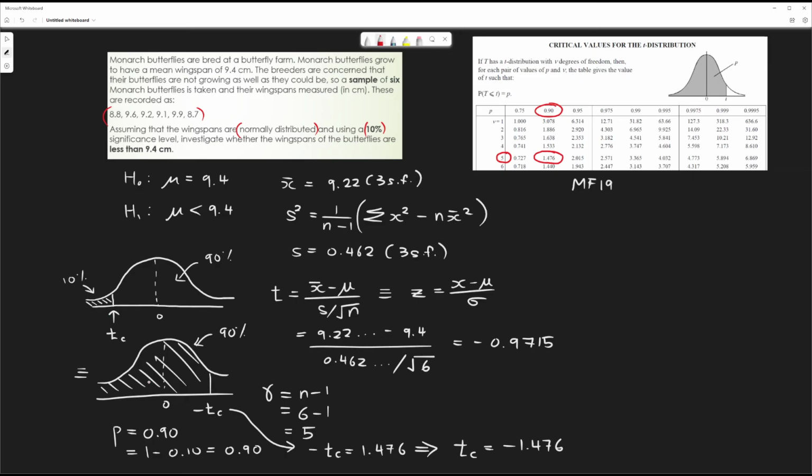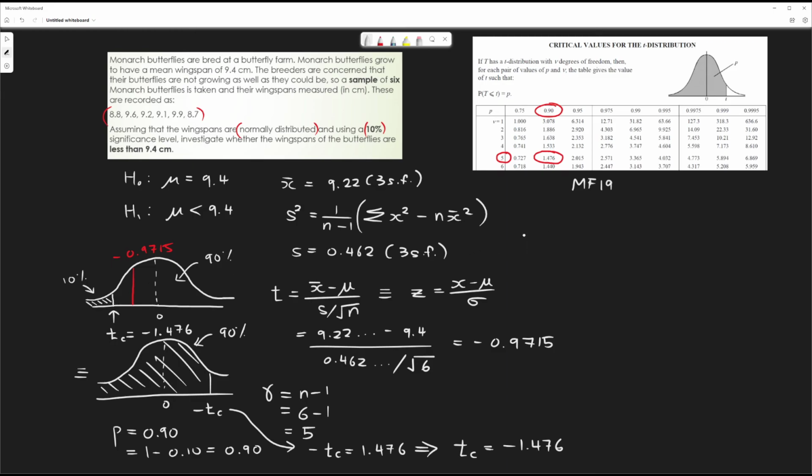So where is negative 0.9715? That's going to be somewhere right here, because our TC is negative 1.476. And as you can see, our test statistic T is in the acceptance region. It's not in the rejection region.